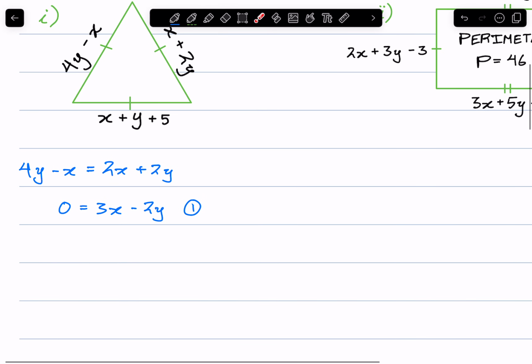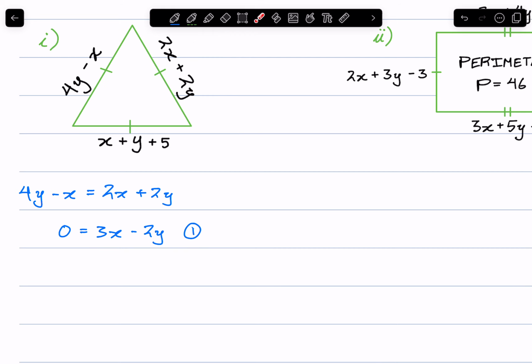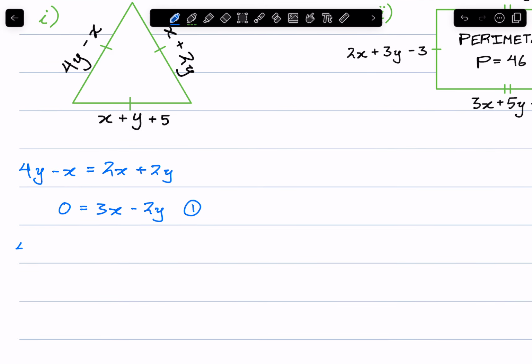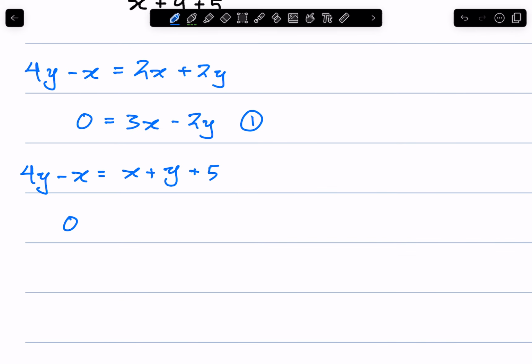Now that we have this equation, we can make another equation simply by pairing up the other two. So in the exact same way, 4y minus x equals x plus y plus 5. Moving everything to one side again, I get 0 equals 2x minus 3y plus 5.